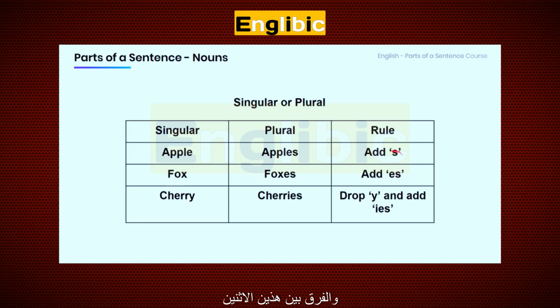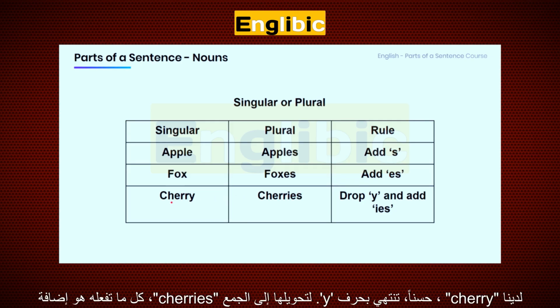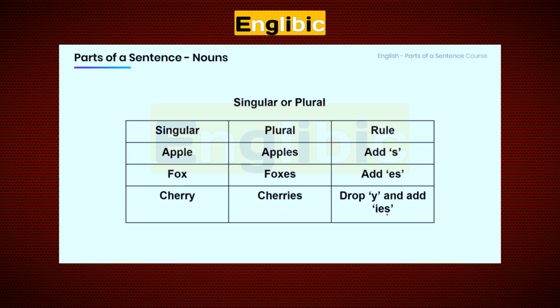Okay? And the difference between these two, it's a little bit more complicated than that. And we cover that in our grammar course if you really want to focus on that. We have cherry, okay, ends in this Y. So cherries in plural. To make it plural, you just add this IES and drop the Y. Okay, so these are the three basic endings you'll see on nouns.